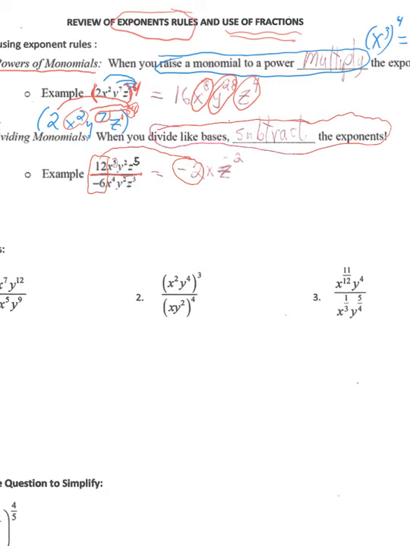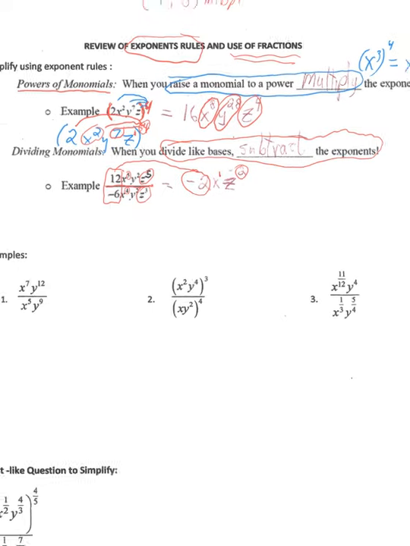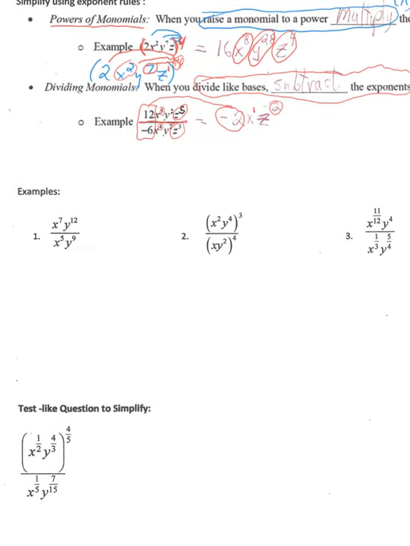So if I have 5 on top and 4 on the bottom, I have 1 left over when I subtract, 5 take away 4. There's a 1 there next to the x, even though we don't need to show it. And I have z to the 5th over z to the 3rd. 5 minus 3 is 2. So let's do a few of these problems, and then we'll throw in fractions.